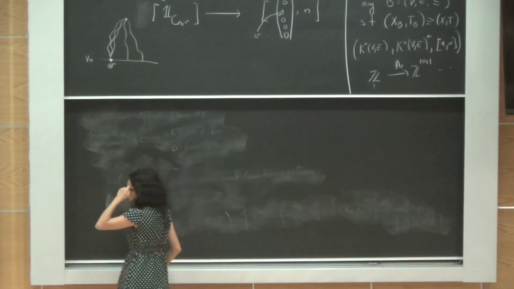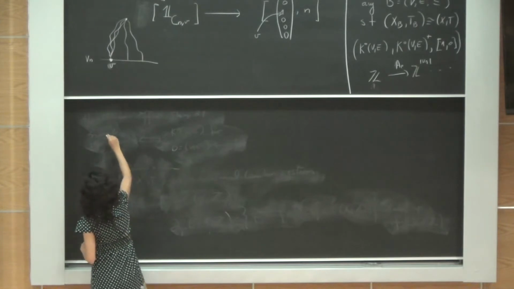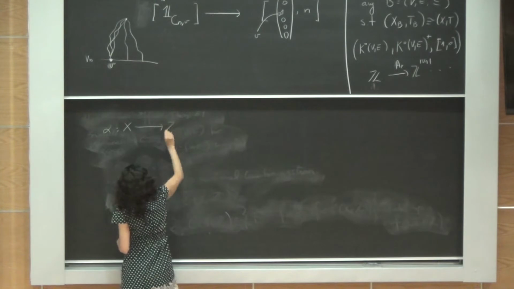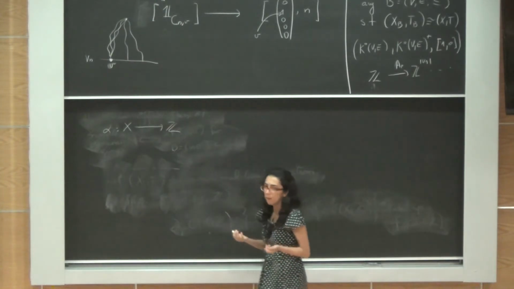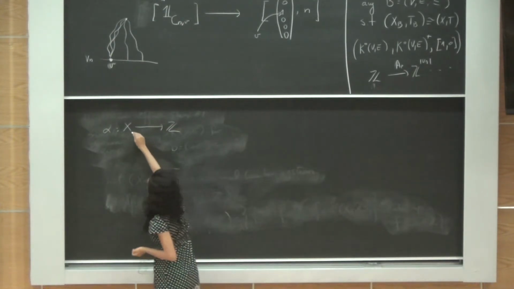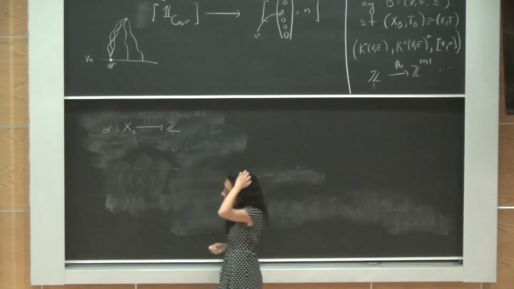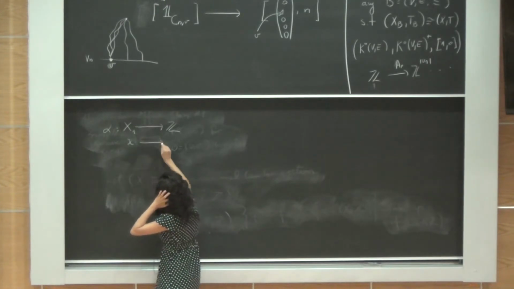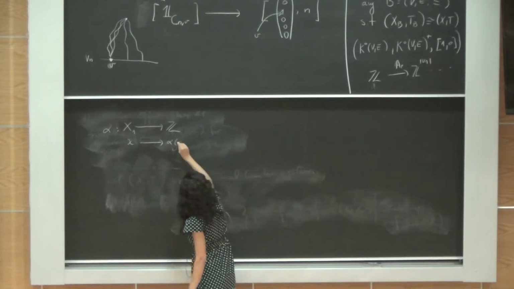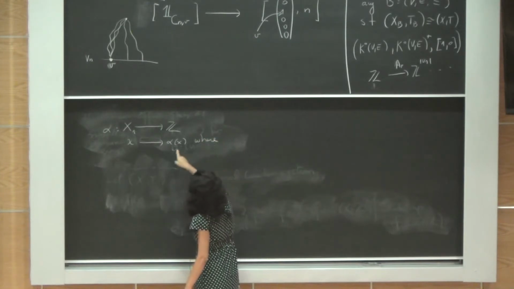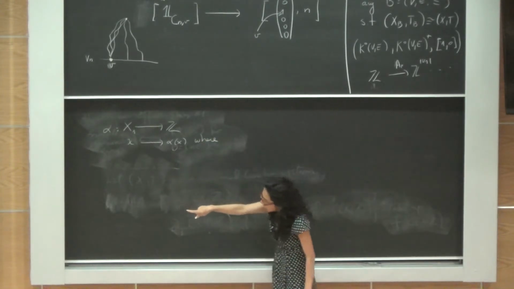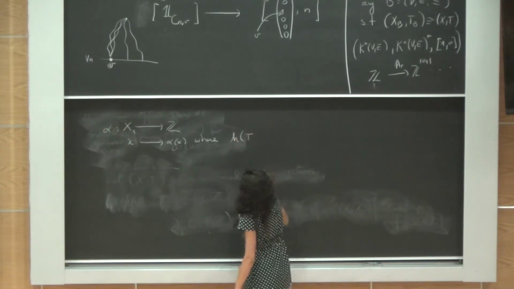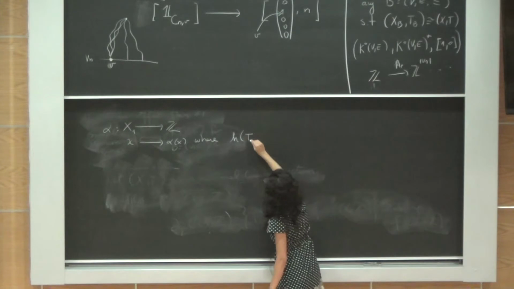We can define two more functions. We are going to say alpha from X to the integers and alpha from X1, if I'm using the notation there. Alpha will be the function that picks some x and gives you alpha x, where alpha x is the integer satisfying this.